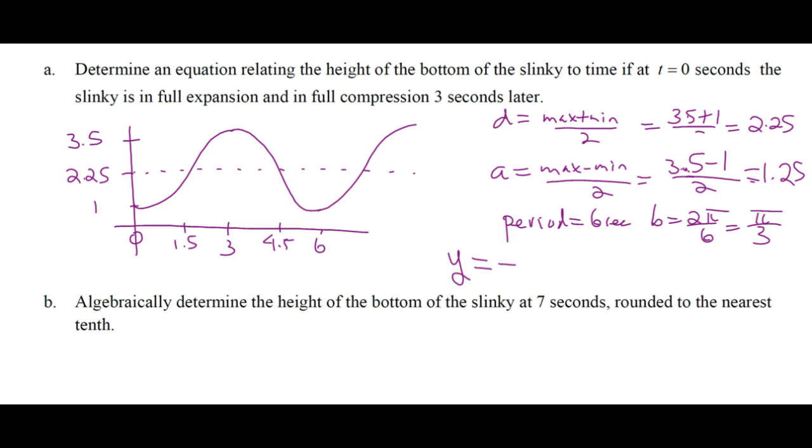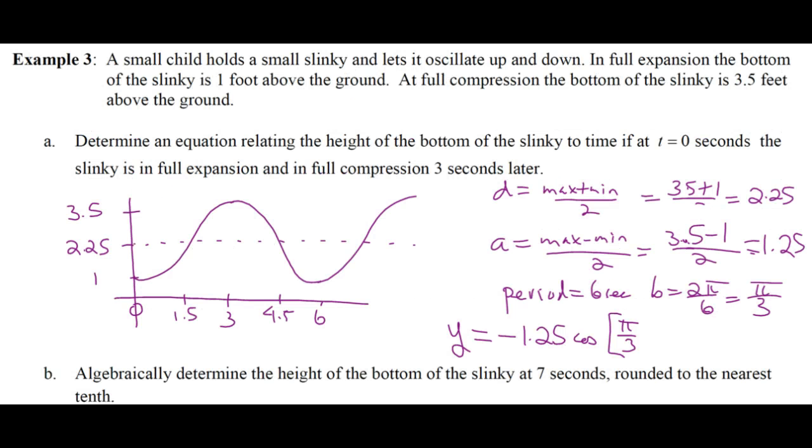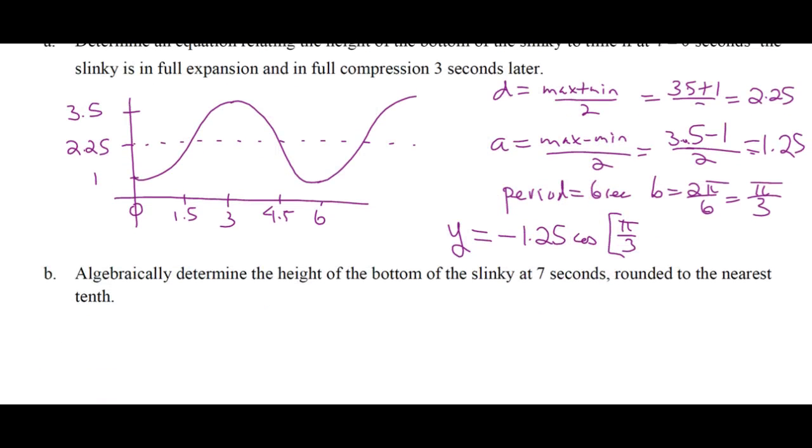So y is equal to negative 1.25 cos of pi over 3 t, where t is seconds and y is height, so we call it h of t: h of t equals negative 1.25 cos of pi over 3 t, plus 2.25.